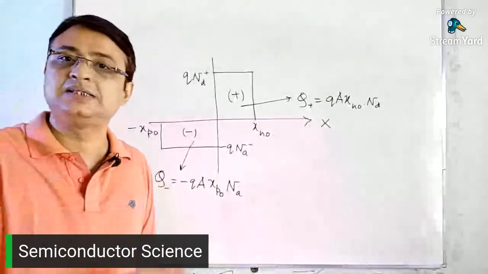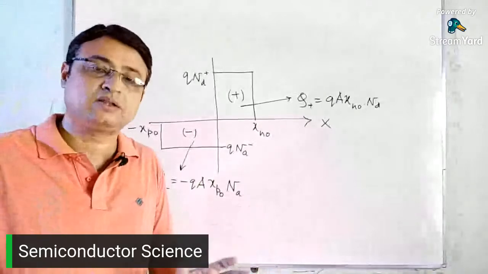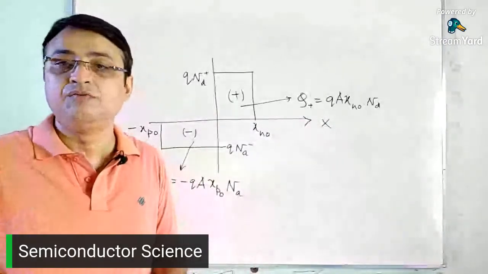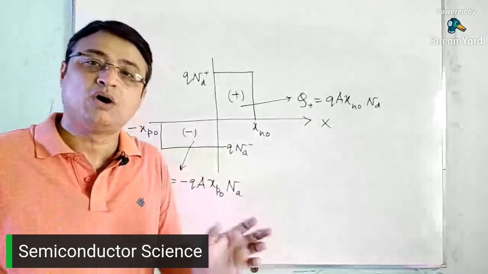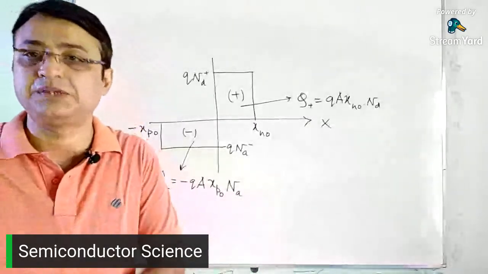That results in a different width of the depletion layer, which extends into the p-type side and into the n-type side.